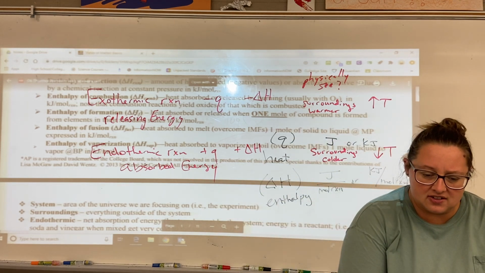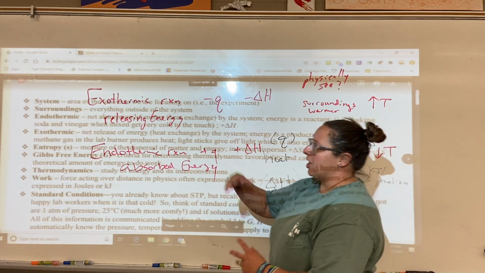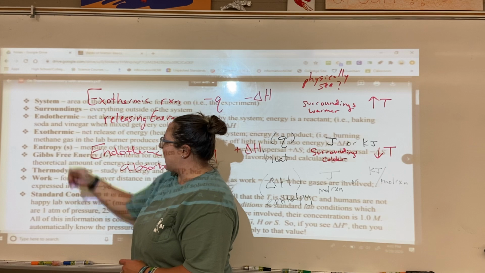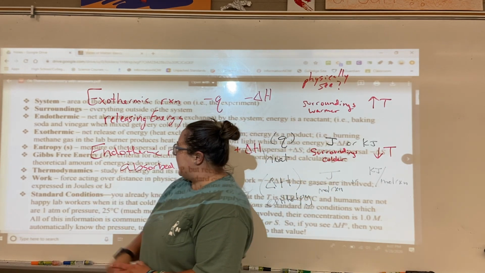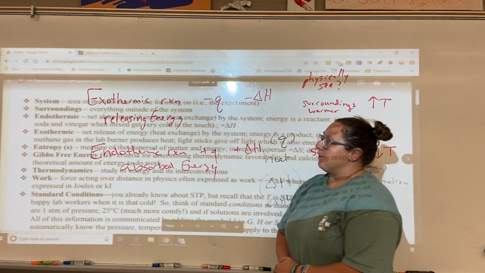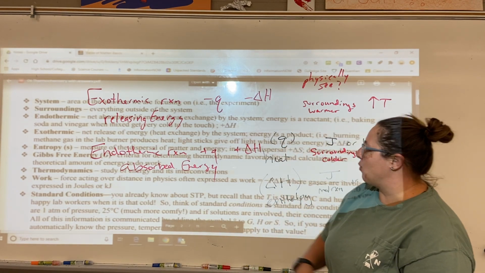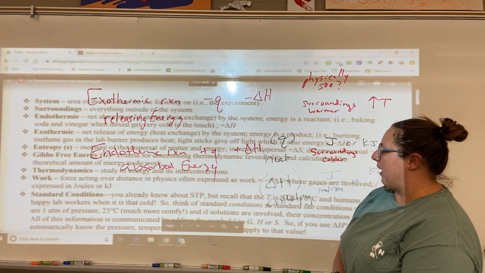Now, if you look onto the second page, you also see the terms that we've talked about already: system, surroundings, endothermic, exothermic. We're going to save entropy and Gibbs free energy for later on in this unit. And work, we don't really talk about that in AP chemistry anymore.